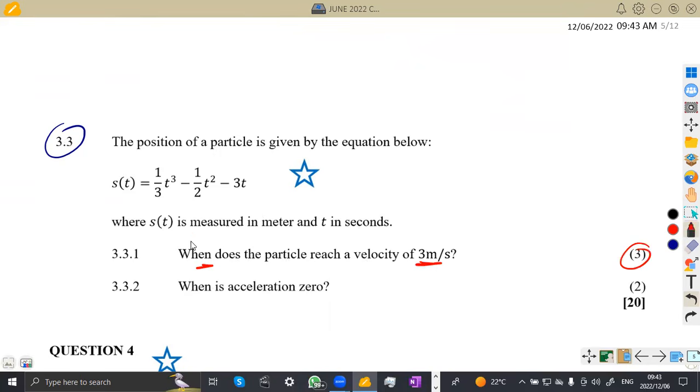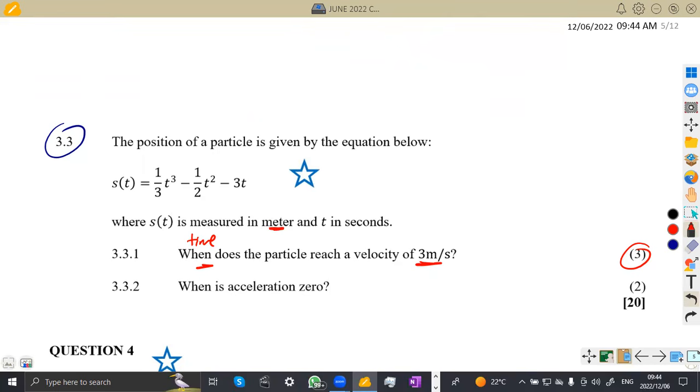And that's 3 m/s. When means we are referring to the time. So the time that we are going to have when the velocity, we are supposed to take it from the displacement, because this is meters, that is an indication that you are referring to displacement there.